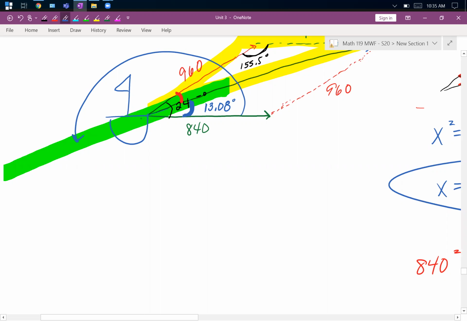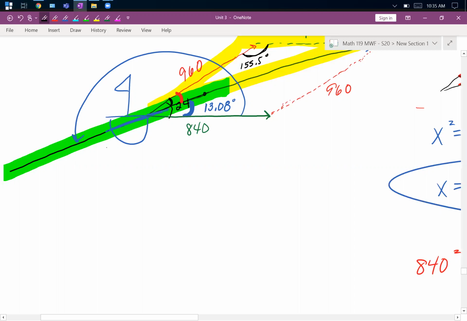Does what I'm saying make sense to everybody? Equilibrium is this over here. But what we found was just this angle here.